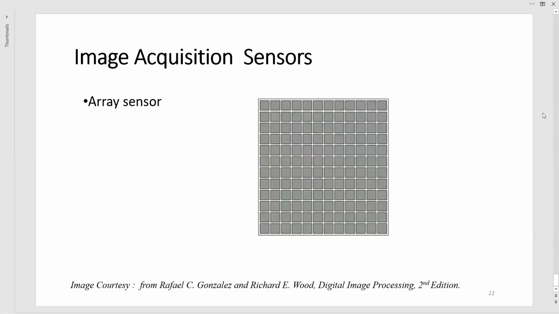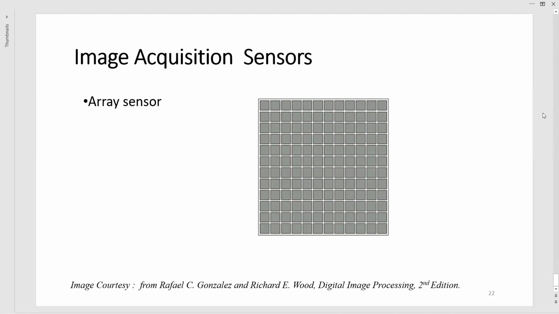The next sensor is the array sensor. Most used electromagnetic and ultrasonic sensing devices are arranged in array format. When you go to any medical imaging devices which use ultrasonic waves or any type of computed tomography, they are arranged in the array format.